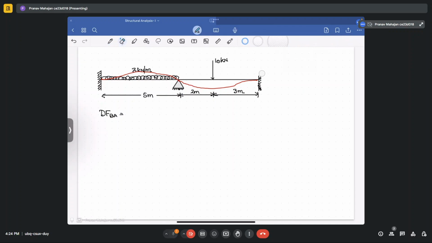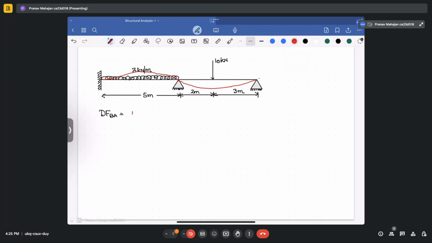I will remove this here. The problem is the same, but in this case you have a hinge here, not the fixed end. So now your deflected profile will look like this. In this case, your carryover moment will remain the same, but your distribution factor will change.